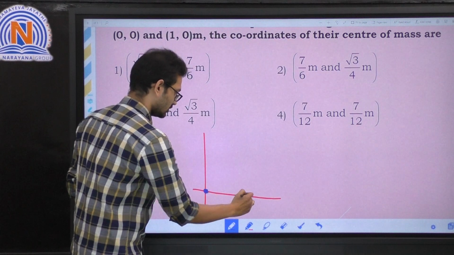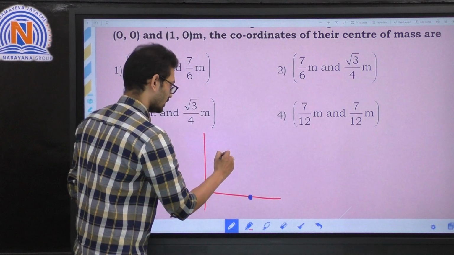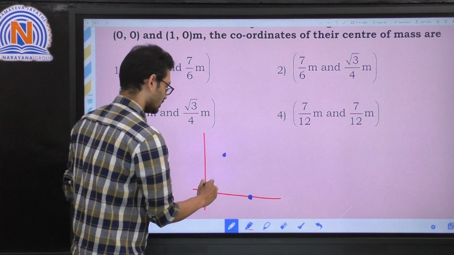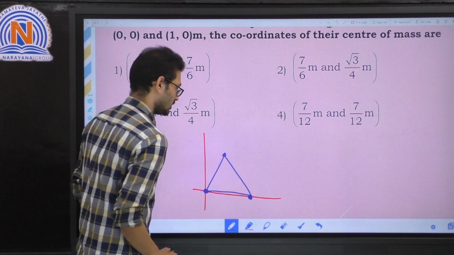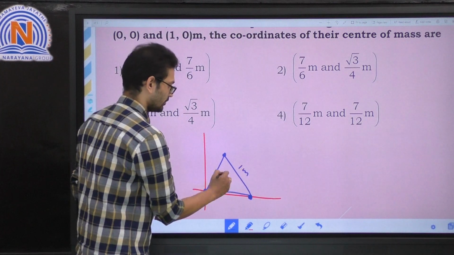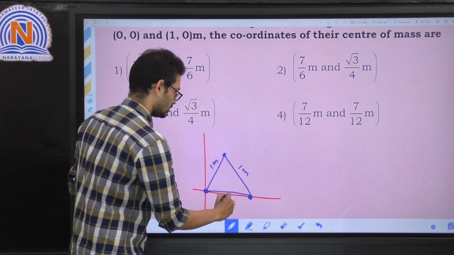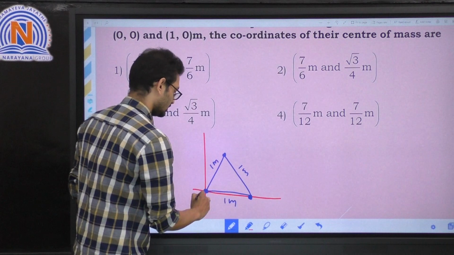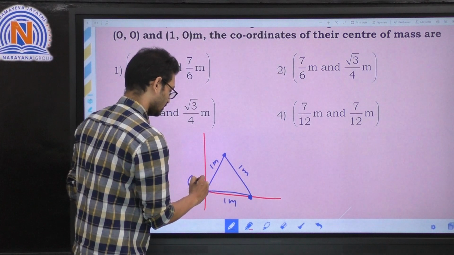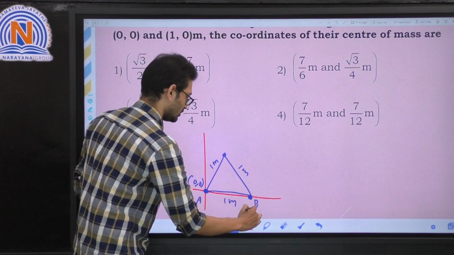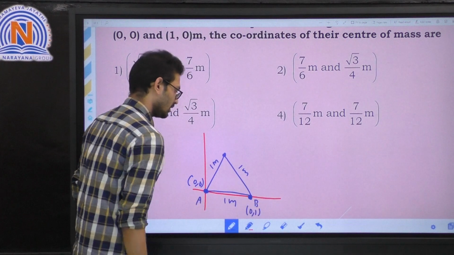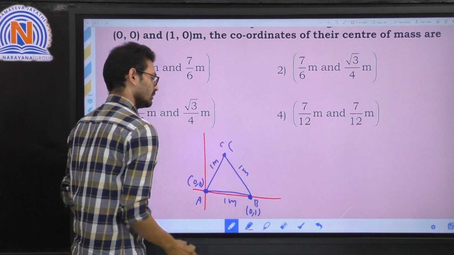Here one mass, here one mass, and here one mass. All are in an equilateral triangle. So let us take, this is 1 meter, this is 1 meter, and this is also 1 meter. And let us take, this is A, which is given as (0, 0), and this is B, which is given as (1, 0). Now let us think this is C.